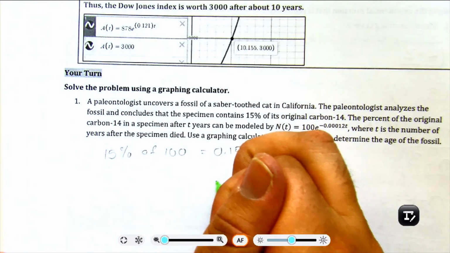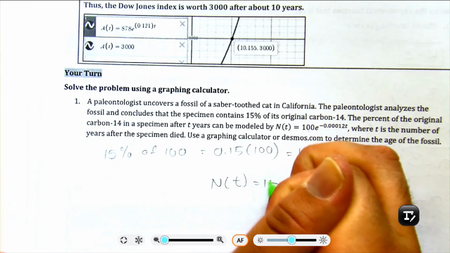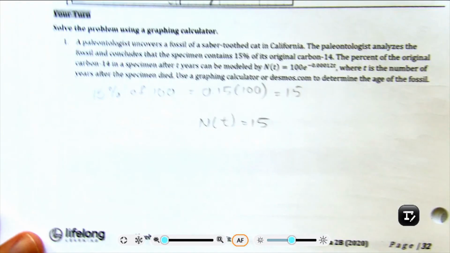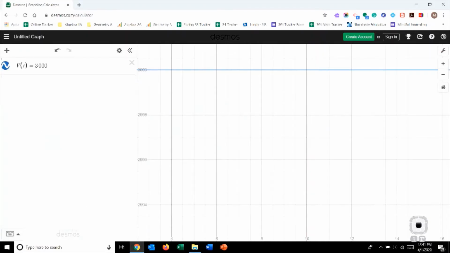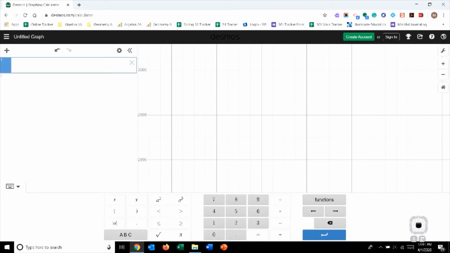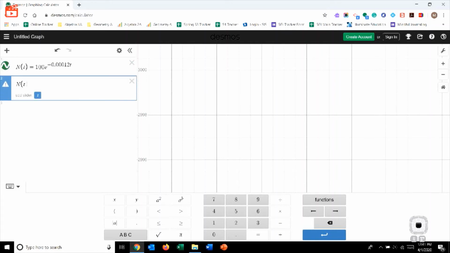So now let's graph both of these on Desmos. So the first one I'm going to graph is N(t) is equal to 100 e to the negative 0.00012t power, and then N(t) is equal to 15.